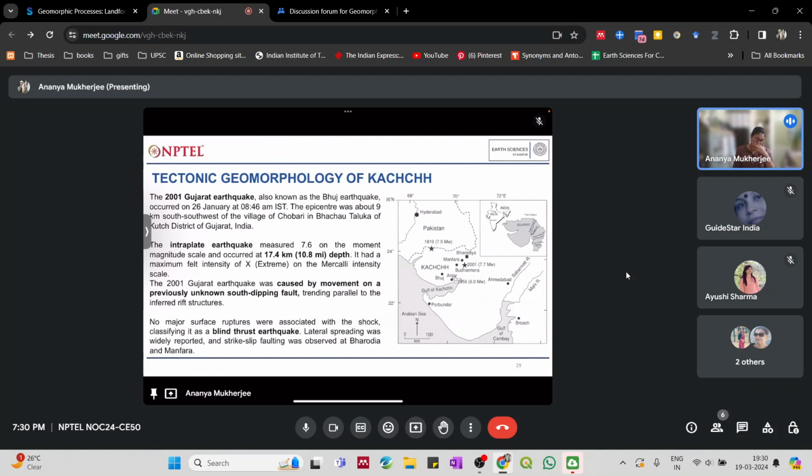So in terms of the 2001 Gujarat earthquake, it was an extremely intense earthquake event that had taken place in the Rann of Kutch area in Gujarat, and it was again an intraplate earthquake.